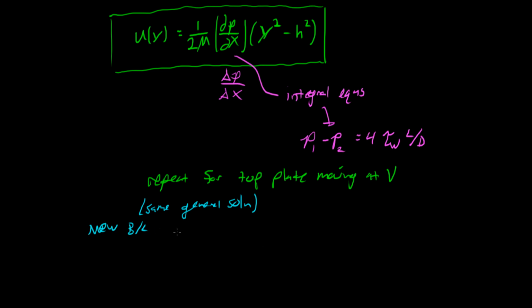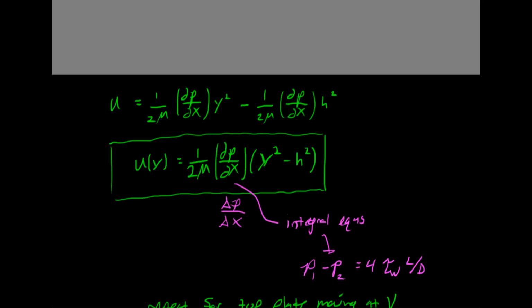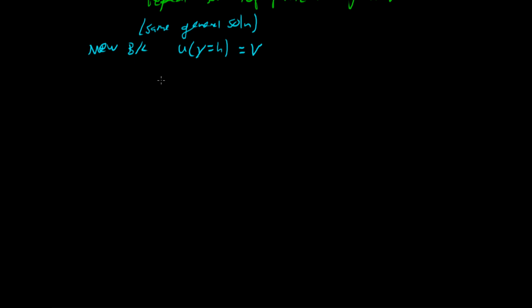At the top wall, u of y equal to h, the velocity isn't 0 anymore, it's v. So let's evaluate this for some new boundary conditions and see what that gets us. What I'm saying is the velocity is equal to v instead of 0 at the top wall, and so we still get the rest of this thing, h squared plus c1 times h plus c2. It's still 0 at the bottom wall. The bottom wall is not moving, so this boundary condition stayed the same.